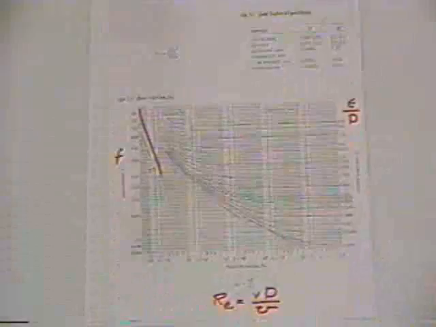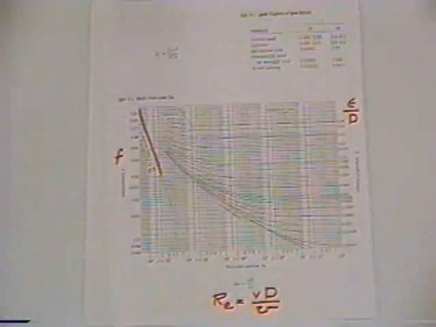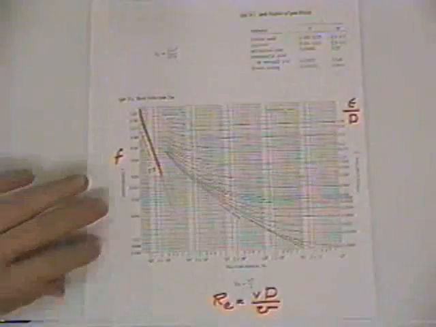And so we use the Reynolds number to differentiate between laminar and turbulent flow. And so if you have a small Reynolds number, down in this area, we've got a linear relationship here between Reynolds number and friction factor. And in most engineering applications, we'll have turbulent flow, so we'll be out here. And there's a certain area which we call a smooth pipe flow. And this is the bottom line here.